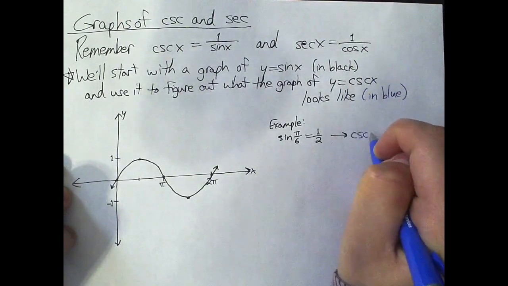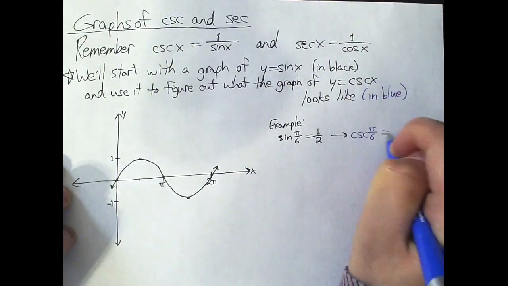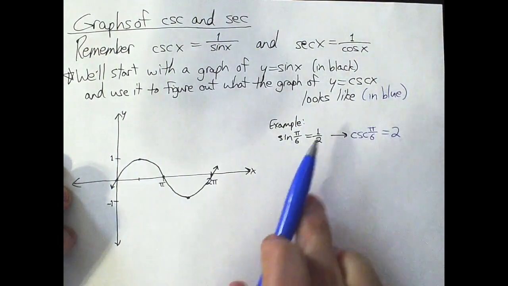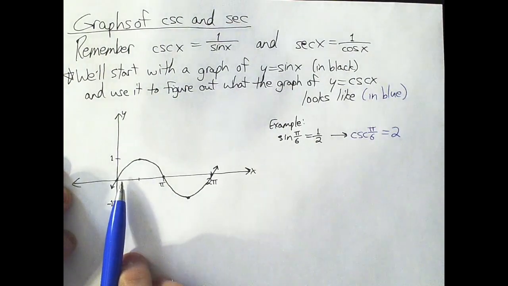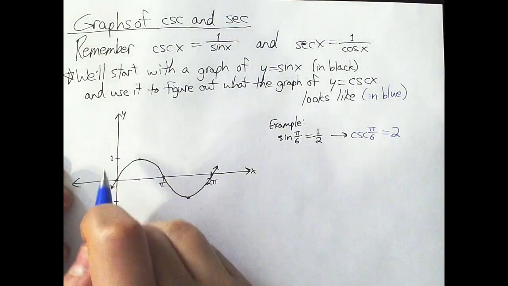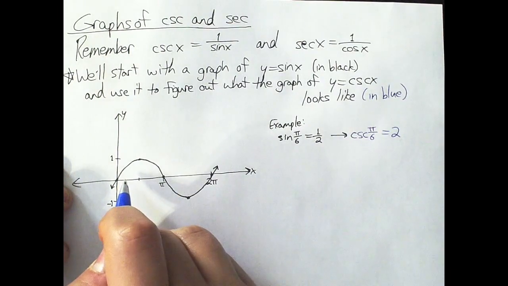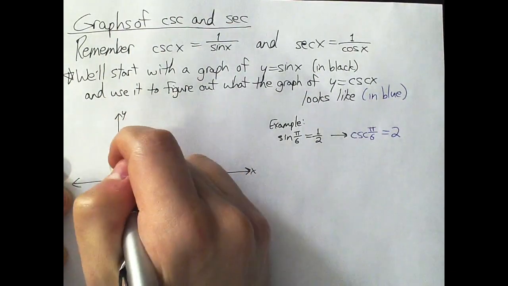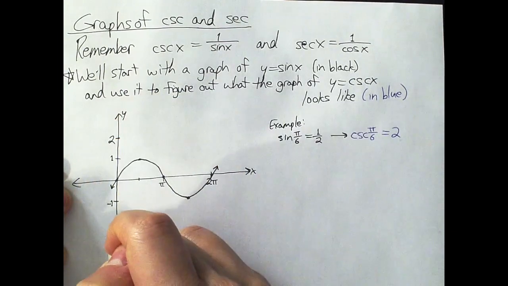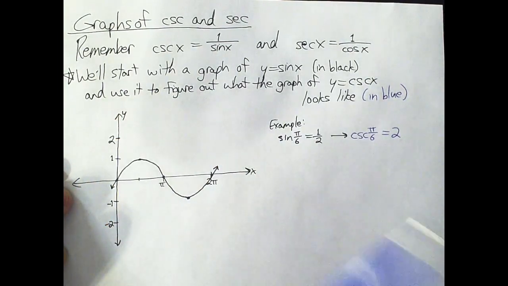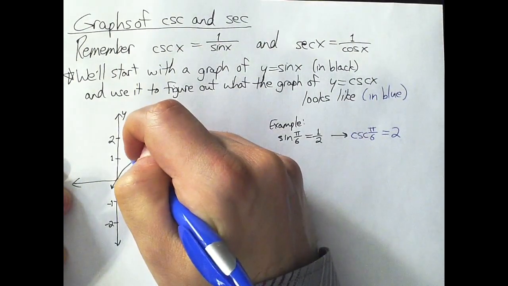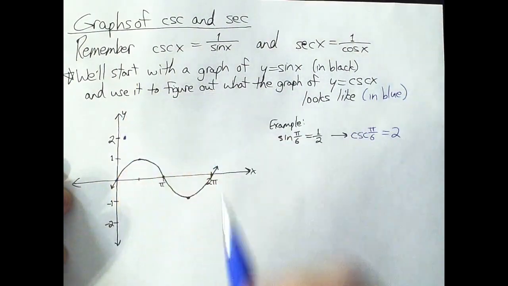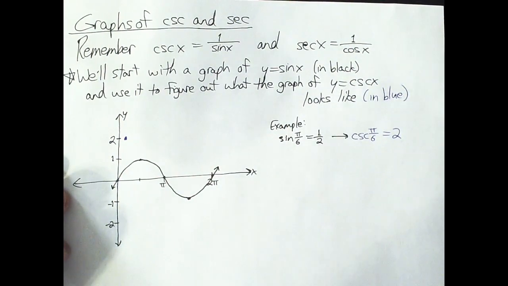That means that cosecant of pi over 6 is 2. We flip it. Flip 1 over 2, you get 2 over 1. So I'm going to plot a point. It's going to be at pi over 6, comma 2. Oh, that means we need to let this graph go up to 2, don't we? Let's do that. Pi over 6, I'll say, is maybe here. There we go. That's our first point on the graph of cosecant.